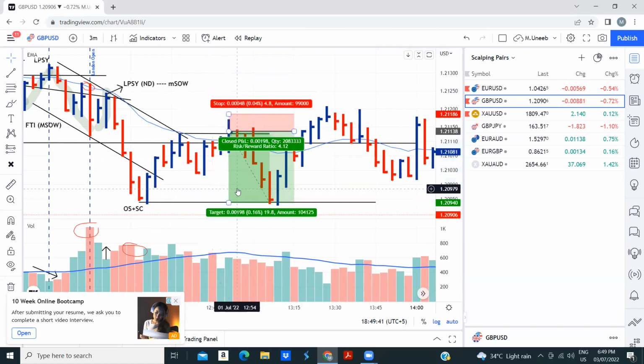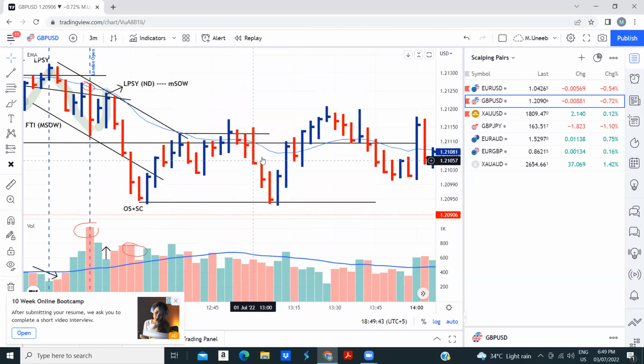Make sense? And now after this, once the price reaches this, what do we observe here? No demand. Am I right? And we have what? This is a minor sign of strength, and this is the major sign of weakness or strength.